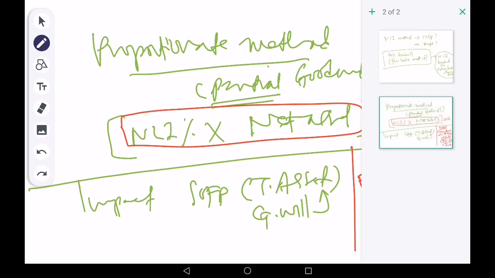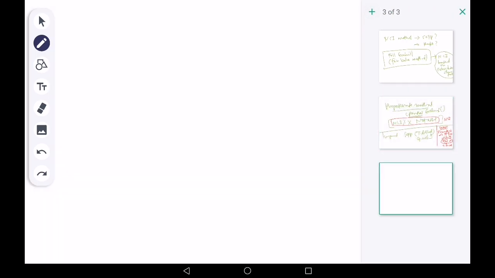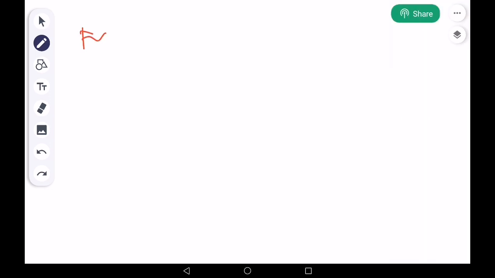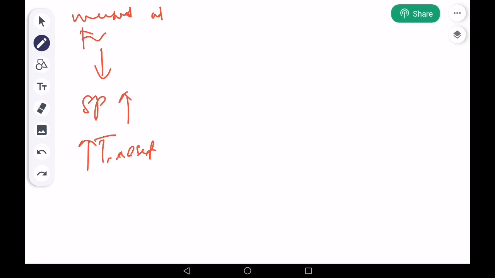Okay, class. So now you can see the impact of measuring at fair value. You are using a share price. With a higher share price, you have a tendency to have a higher total asset due to what, class?